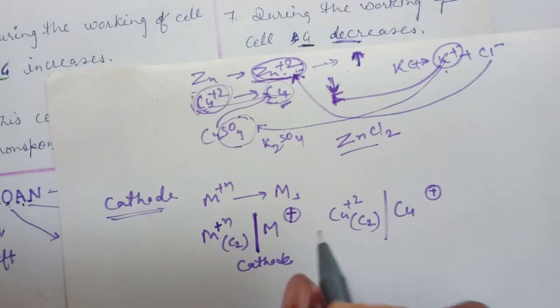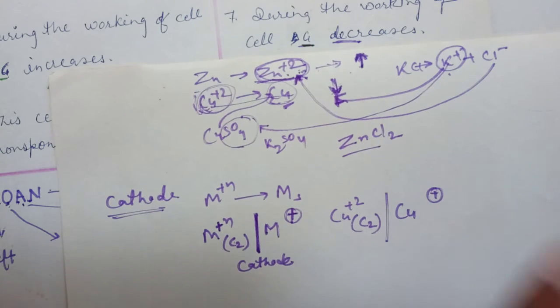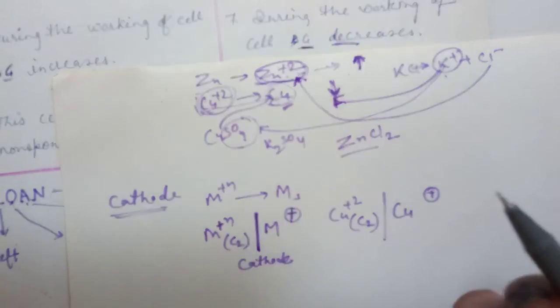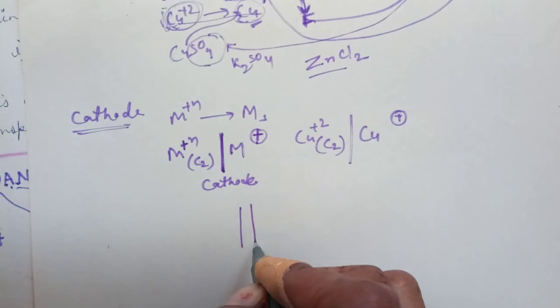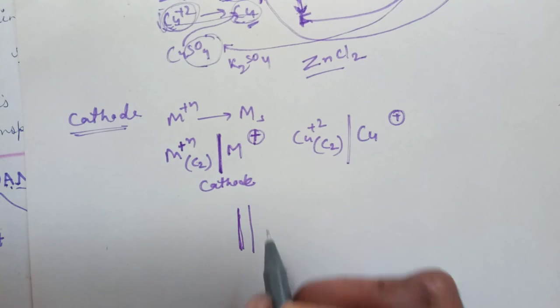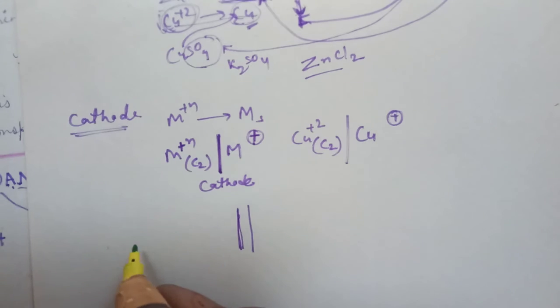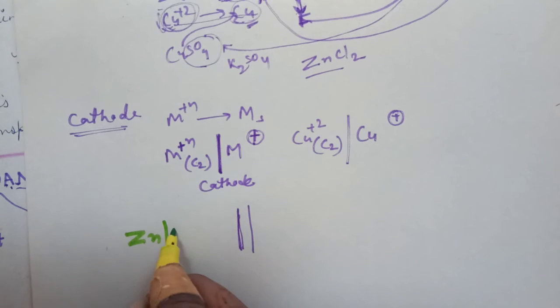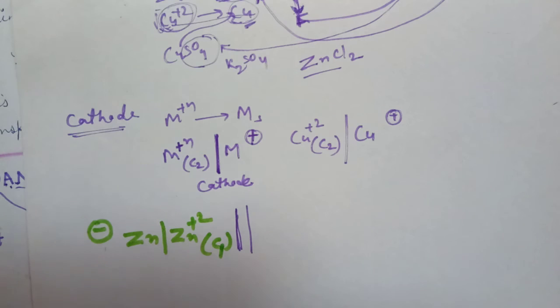Now in electrochemical cells, a salt bridge is present between the anode and the cathode, so we have to show the salt bridge also. The salt bridge is always shown by two parallel vertical lines. For example, the Daniell cell can be written as: Zn, vertical line, Zn plus 2 with concentration C1, negatively charged.